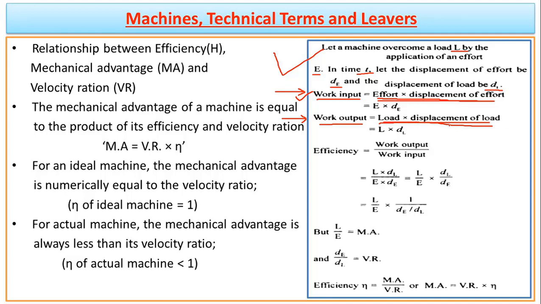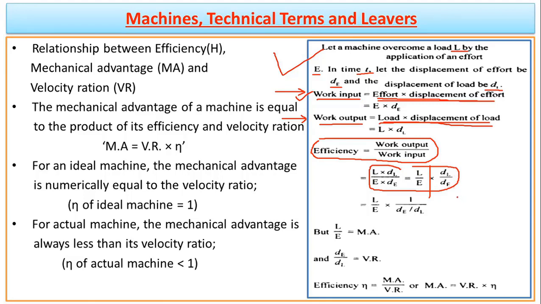Now, if you go for the calculation of efficiency, you know the formula, that is work output upon work input. Now, when you put in the values, you will obtain this. If you split the equation, you will get load upon effort with the product of displacement of load upon displacement of effort.